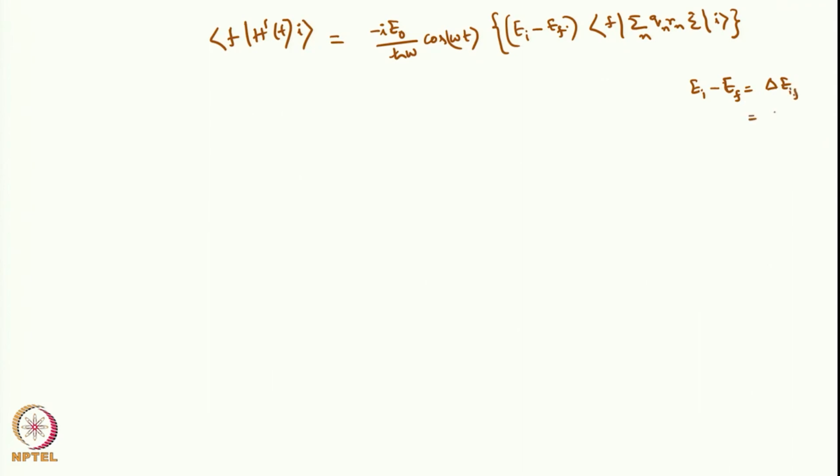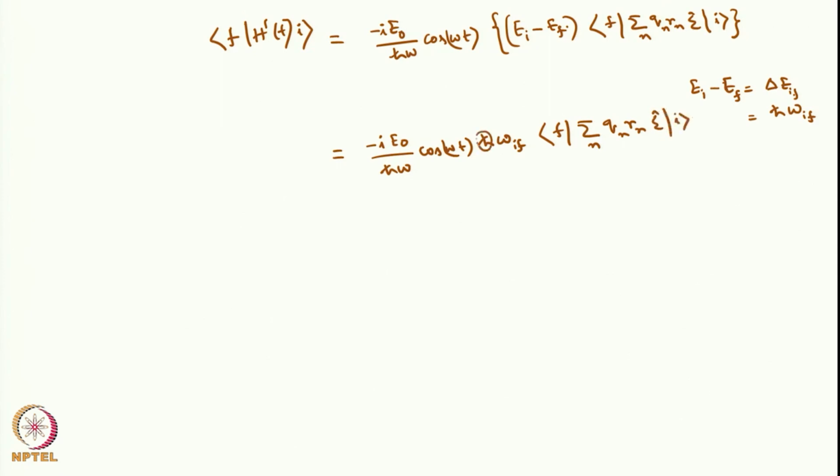So this is nothing but h bar omega i f. So this is equal to minus i E naught h bar omega cos omega t, into h bar omega i f, integral f sigma over n q n r n epsilon i.